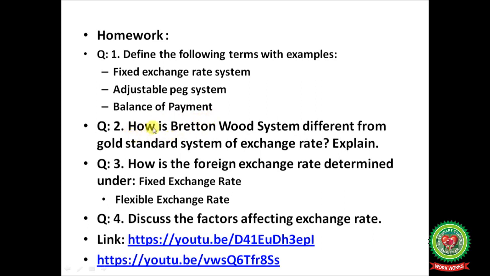Question number 2 is how is Bretton Woods system different from gold standard system of exchange rate? Explain. Question number 3 is how is foreign exchange rate determined under fixed exchange rate and flexible exchange rate? Question number 4 is discuss the factors affecting exchange rate.